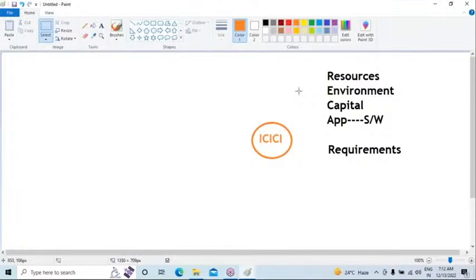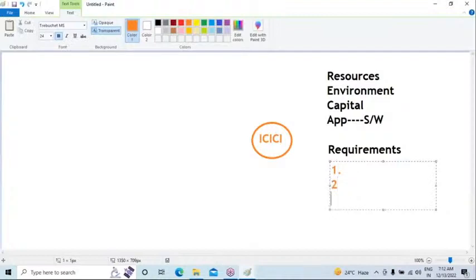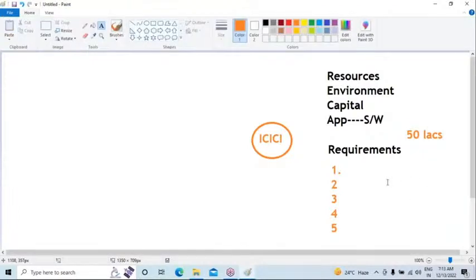Now the application, the software, is required for their business. And they give some requirements for how the application should look. These are the customer needs, and they have a budget of, say, 50 lakhs. It is the budget here. We have to understand this.